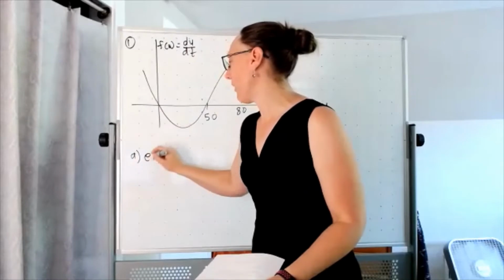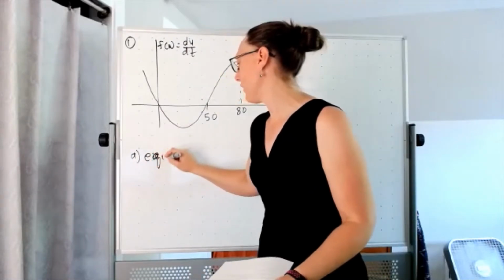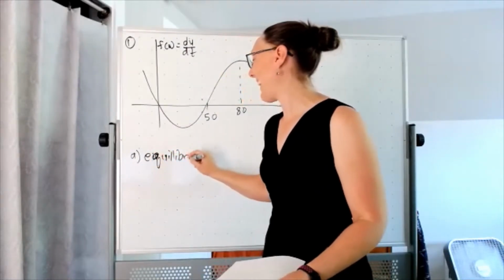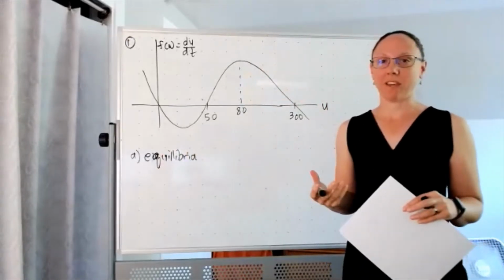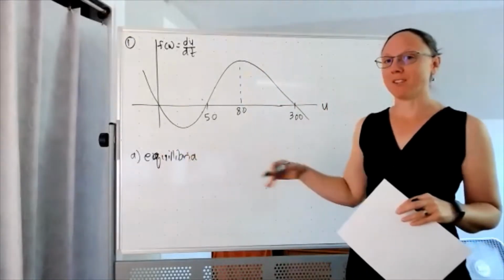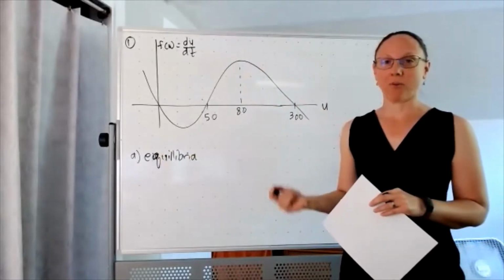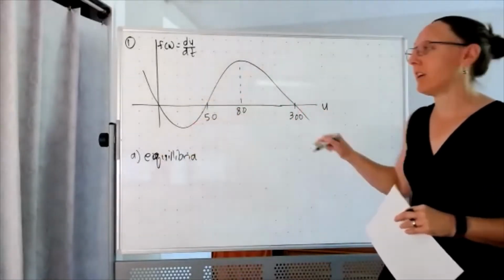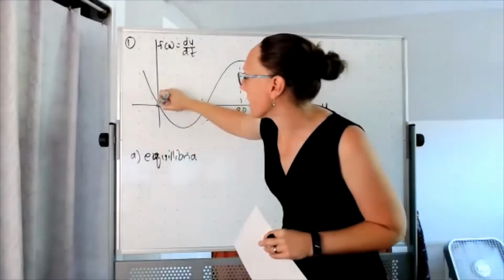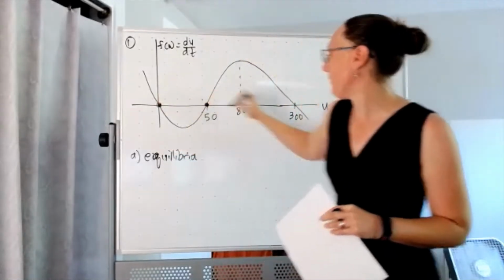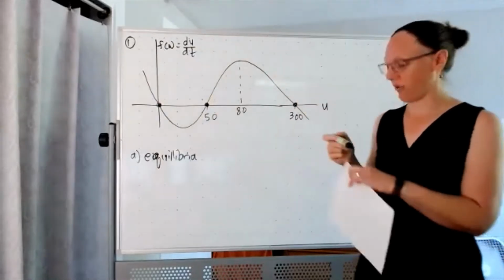And if I'm looking for equilibria and I haven't been given the equation, I still want to be thinking about equilibrium meaning where is the derivative equal to 0? Well, on this graph, because the vertical axis is my derivative, it is equal to 0 at 0, 50, and 300.